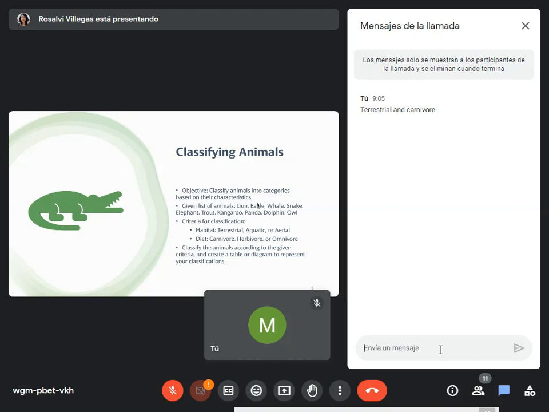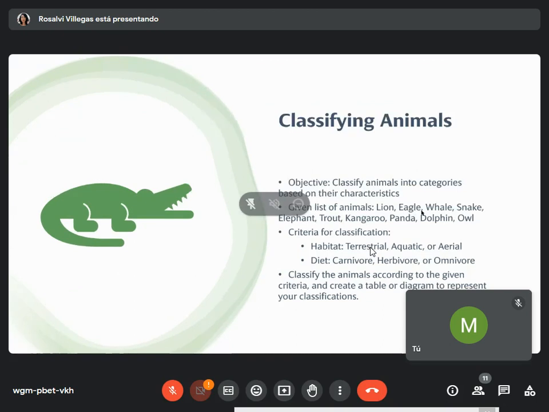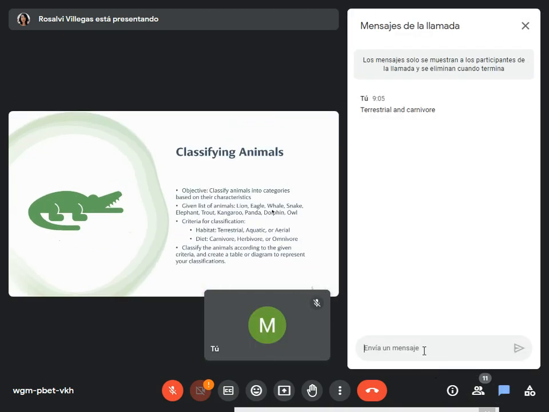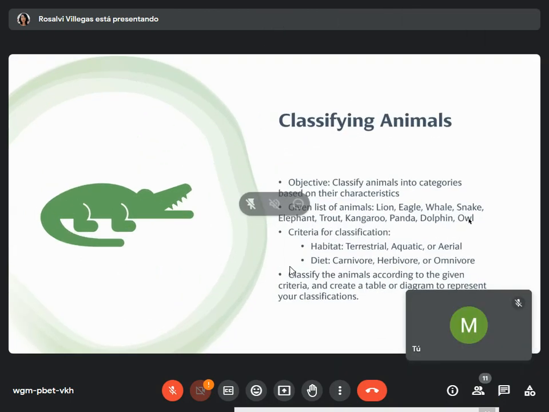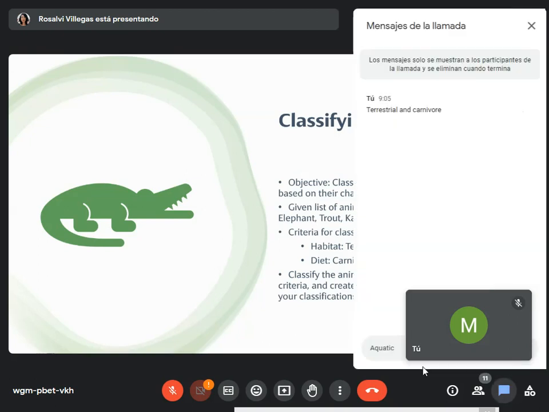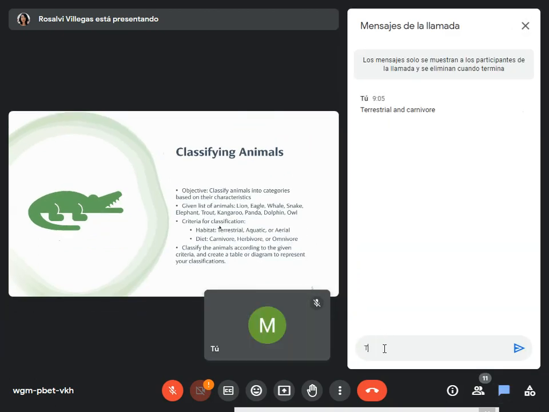Eagle, which will be the eagle? Aerial, and the diet is carnivore. Perfect. And the whale? Aquatic, and I think omnivore. Yes. A snake? Terrestrial and herbivore, carnivore.